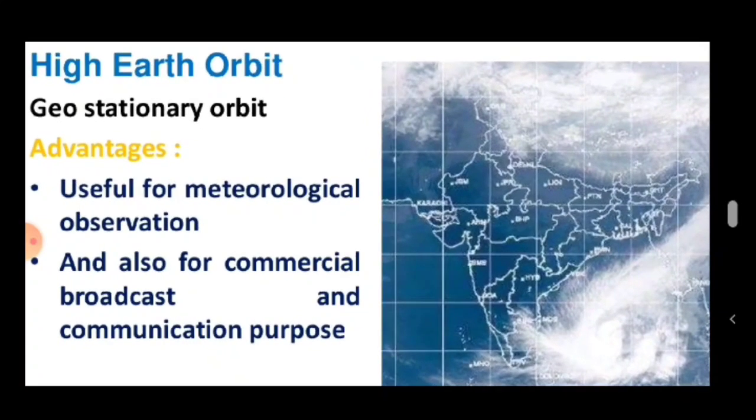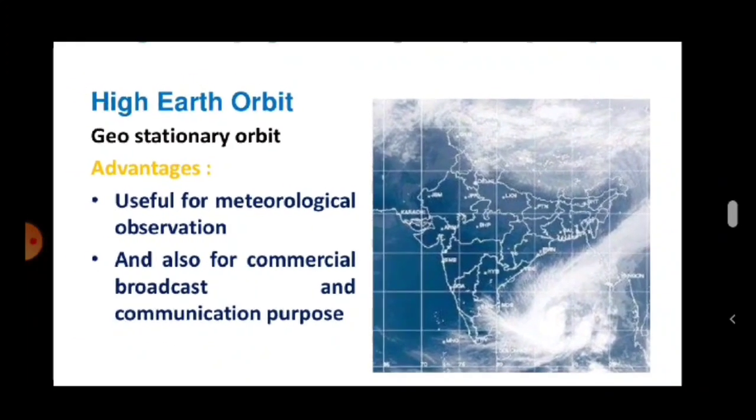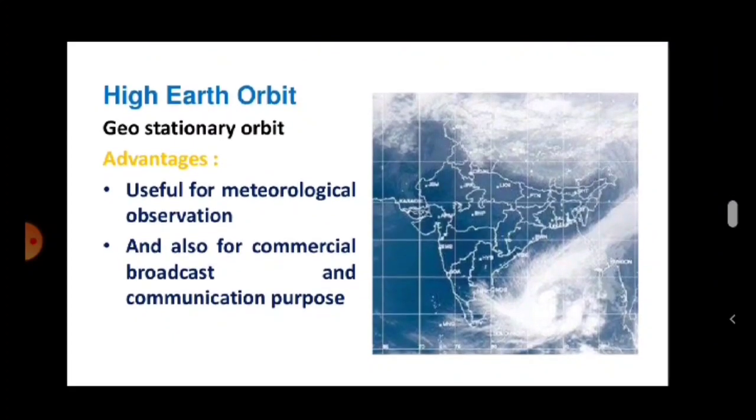Advantages of this orbit are that it is useful in meteorological observations and also for commercial, broadcast and communication purposes. So satellites provide a great deal of remote sensing imagery.